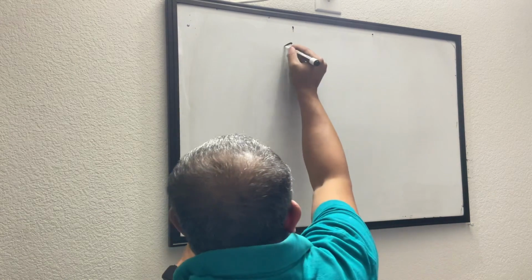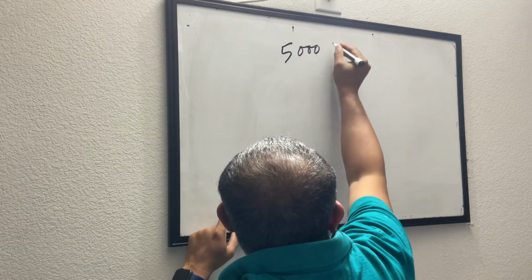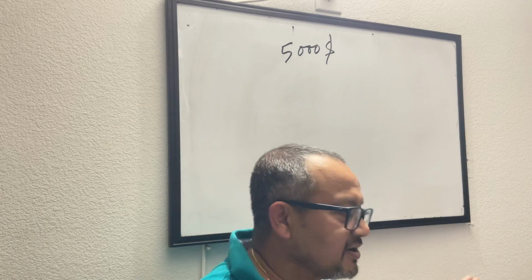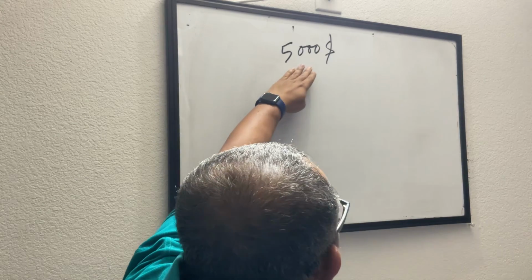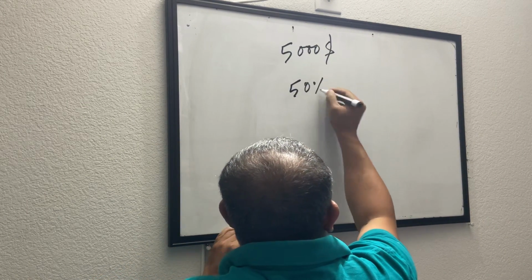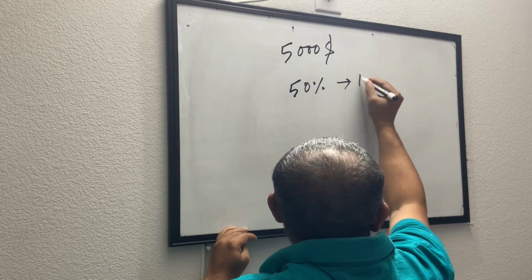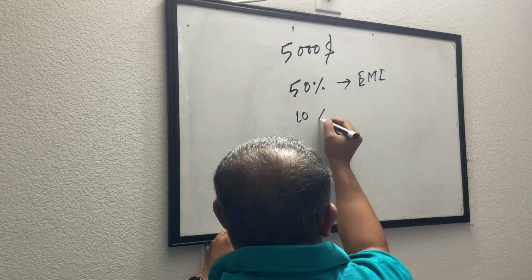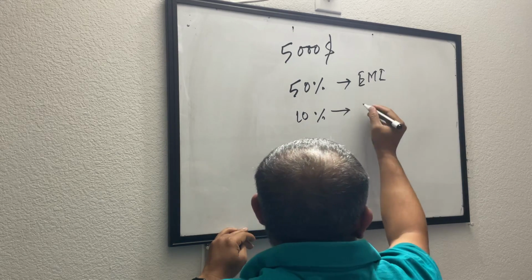Let's say 50% of my salary went for paying EMI. I'm just making it up, okay? It has nothing to do with my salary, it has nothing to do with the EMI I pay. I made $5,000 this month. 50% of that for EMI for the house. 10% of my salary I paid for utility bills.